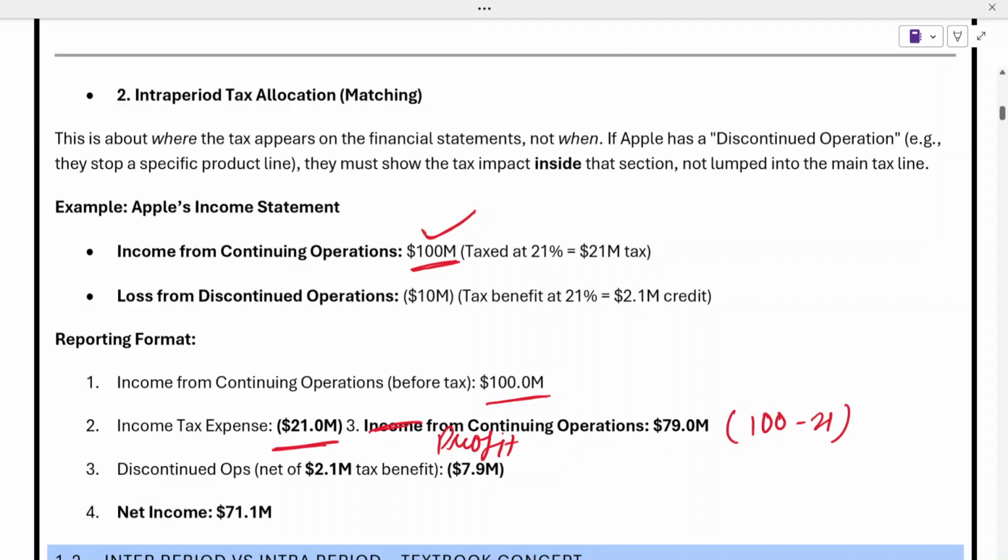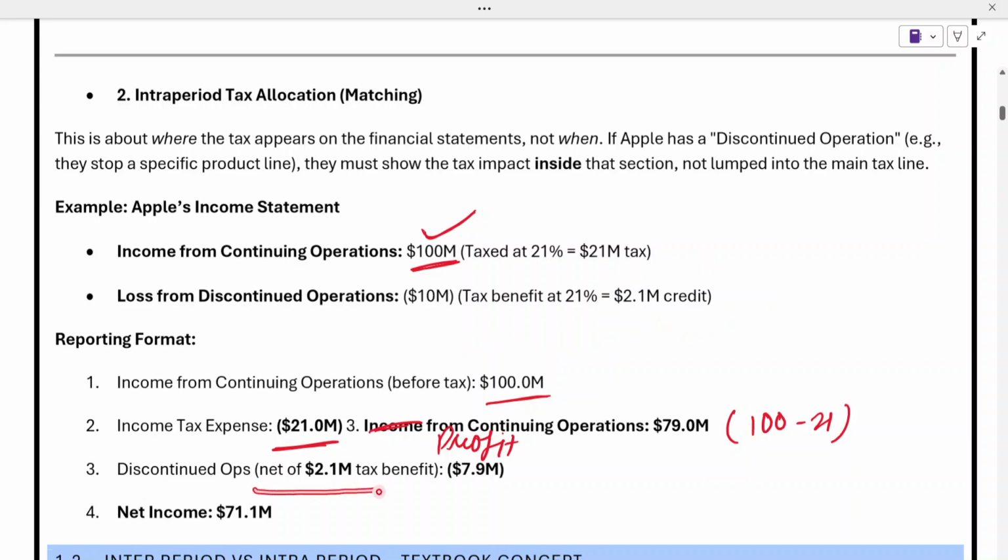If someone asks you about discontinued operations, how much taxes or benefits were there, you can say that when you discontinued operations, some businesses were closed, on them there was a loss, and on that loss we got a benefit due to tax law of 2.1 million.